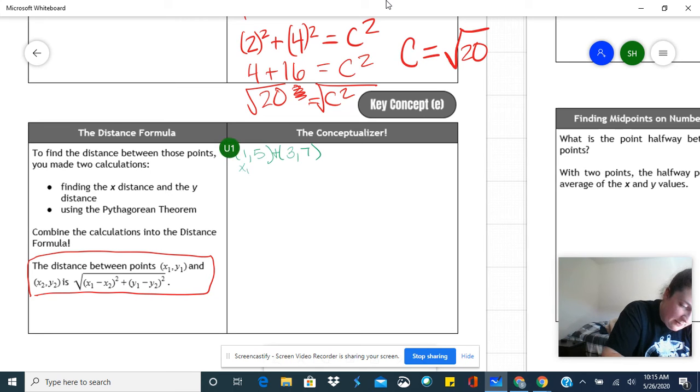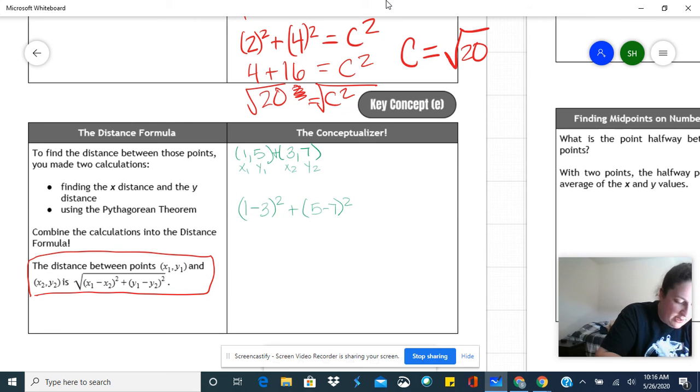This is my x1, my x2, my y1, my y2. So 1 minus 3 squared plus 5 minus 7 squared.